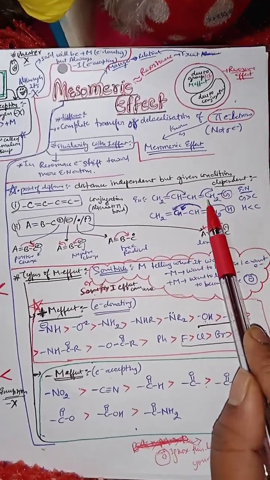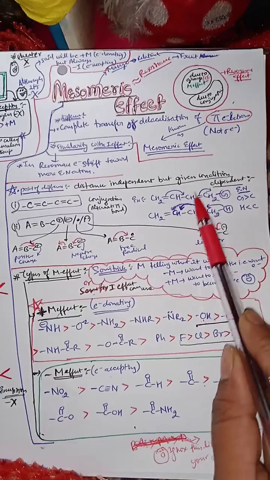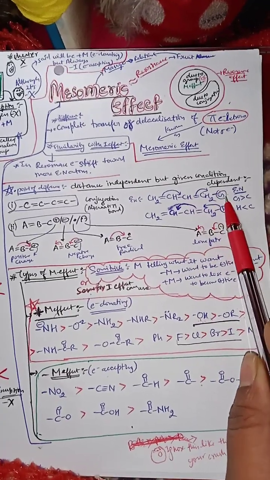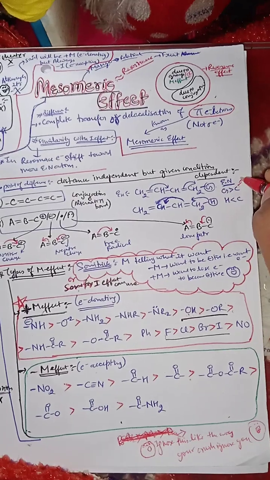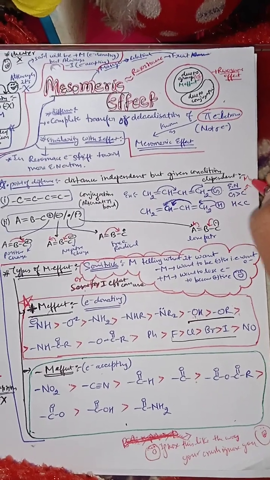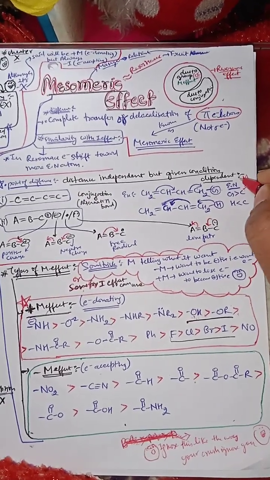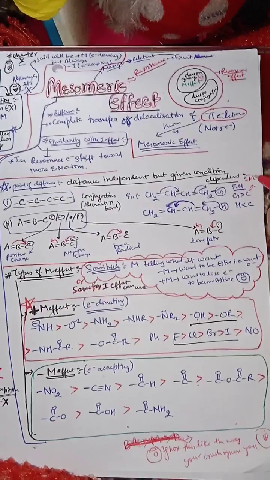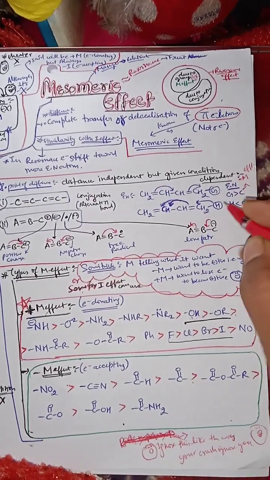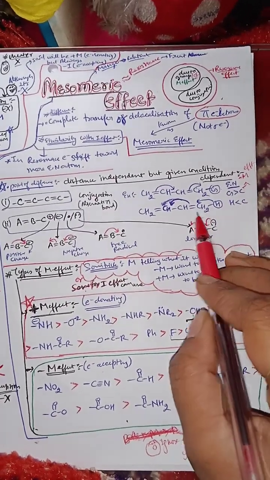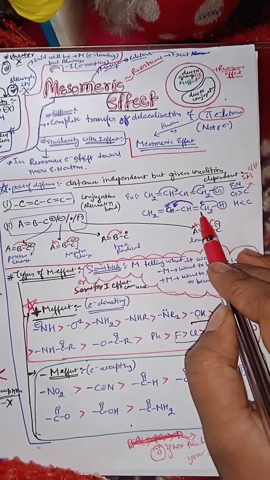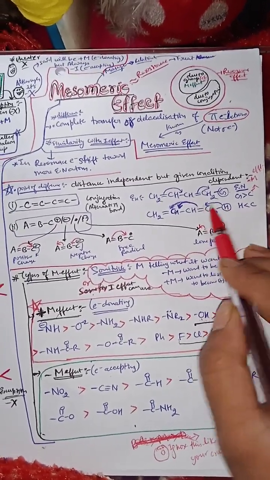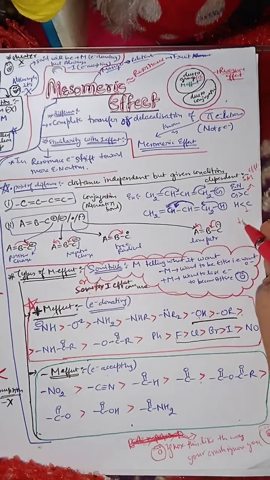If the group is more electronegative than carbon, the electron will transfer toward it, and it is known as minus I, minus M effect. And if the group is not more electronegative than carbon, the electron will transfer toward the carbon chain, and it is called plus M effect.